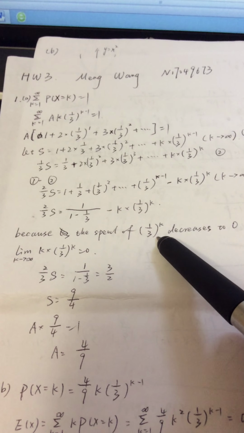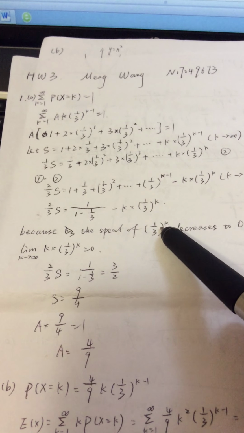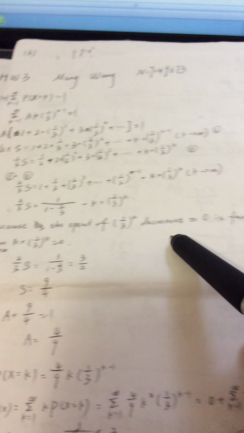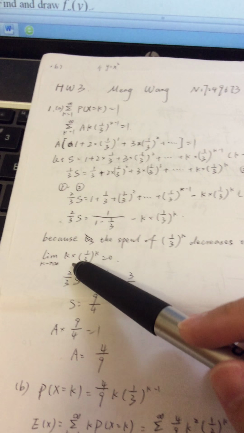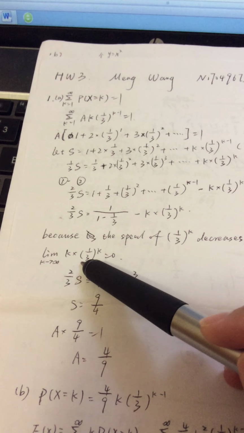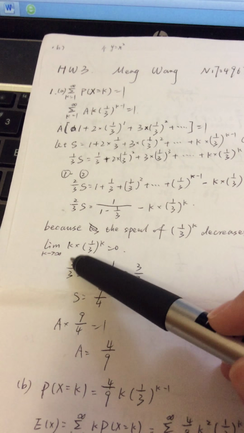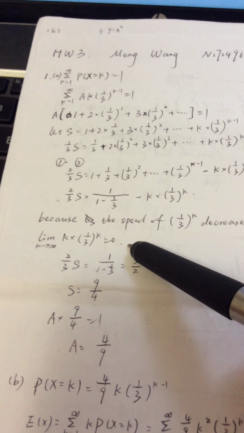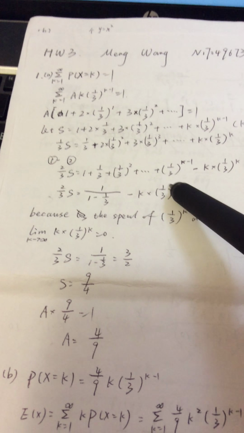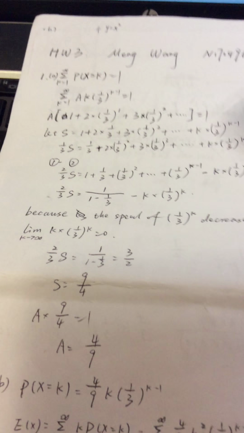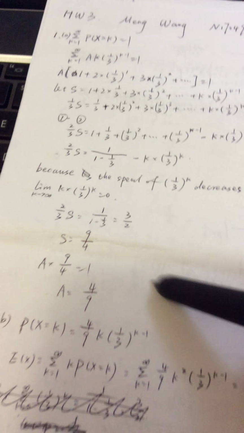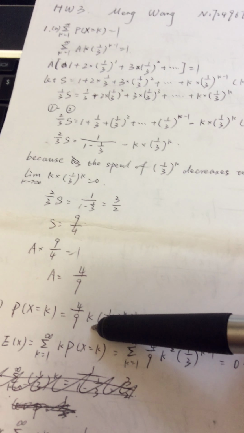Because 1/3 to the order k decreases to 0 faster than k increases to infinity, the limit of k times 1/3 to the order of k when k goes to infinity is 0. So this part is 0. And then we can get s is 9/4. A times 9/4 is 1, so a is 4/9.